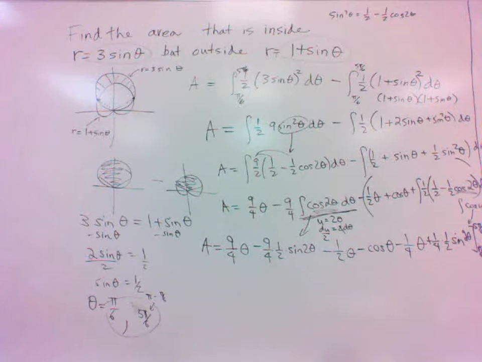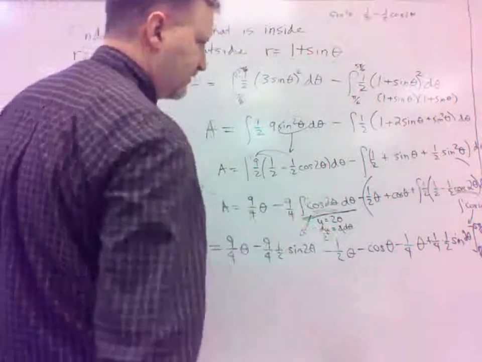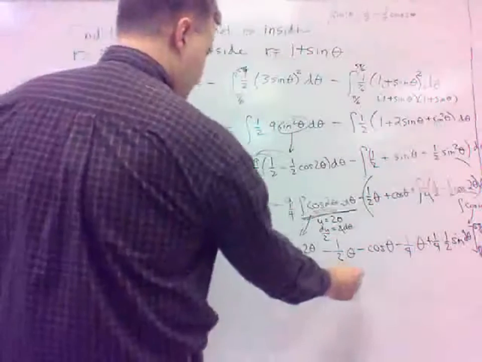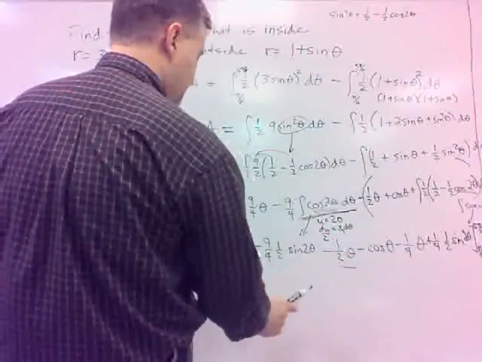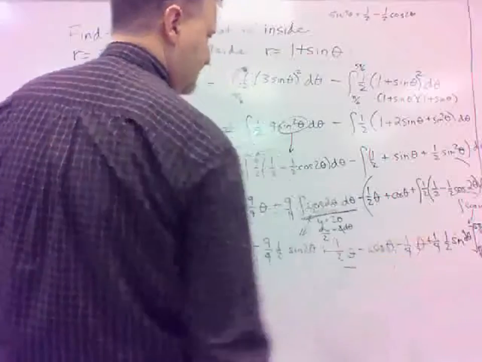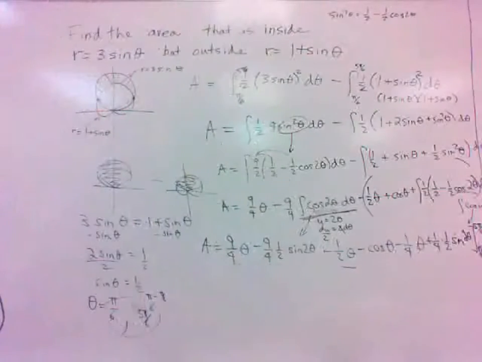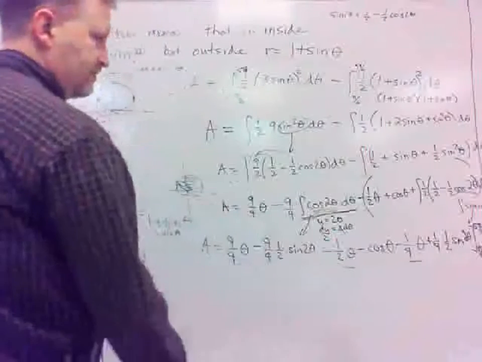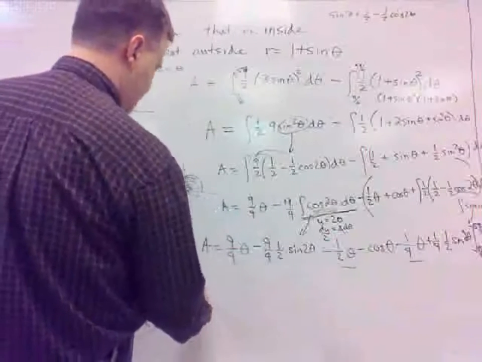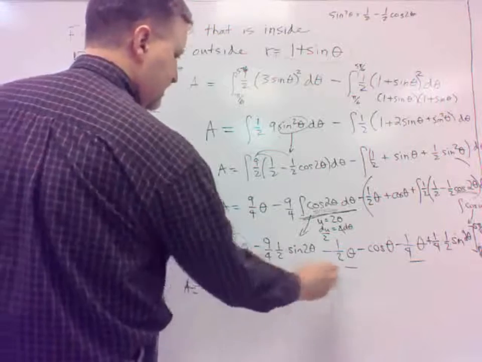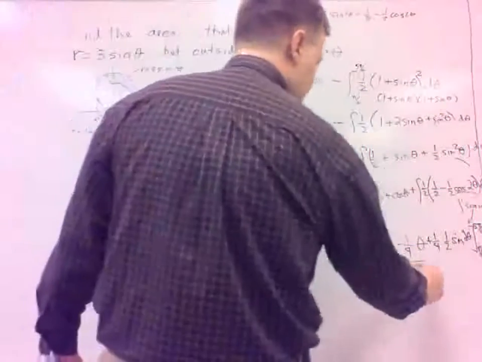Looking at my notes, there was probably some we could have combined. Well, I've got a half theta, a minus a half, and a positive 9/4. So it could be 9/8 sine of 2 theta and 1/8 sine of 2 theta. Then I've got a quarter. So there's some things I could combine there. Matter of fact, I think I will, since I've got so many to plug in. All right, so let's see. 9/4 theta minus a half theta minus a 4 theta.